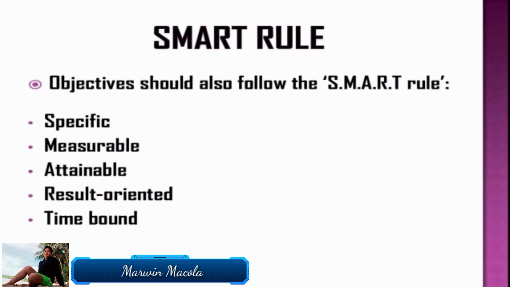In the objective of a lesson plan, we should also follow the SMART rule. First, specific. Next, measurable. Attainable. Relevant, or result-oriented, and time-bound. To be specific, let's ask students if their goal is specific. To be measurable, let the students know that their goal must be measurable.